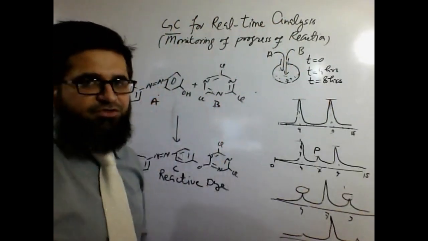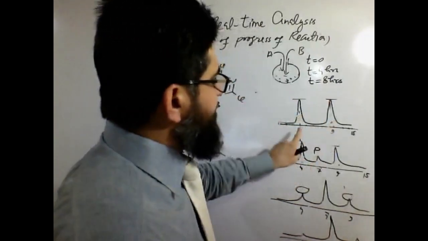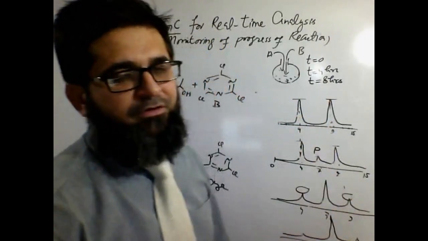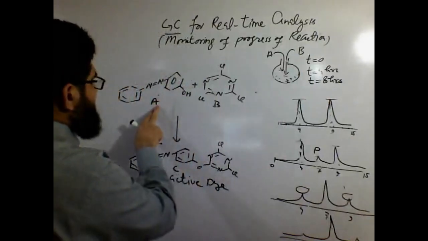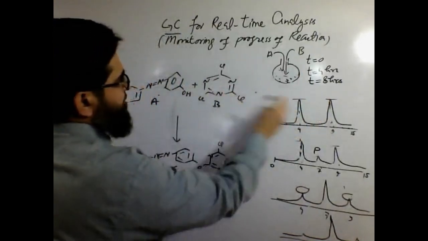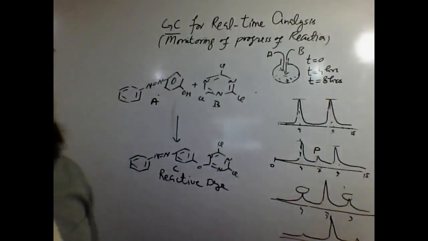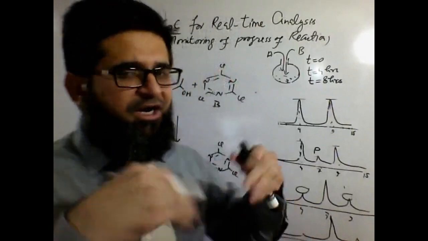As I've told you, the GC will analyze and will give us two peaks, at 4 and 9. But which one is A, which is B, from these two peaks we can't recognize that. How will we recognize that?